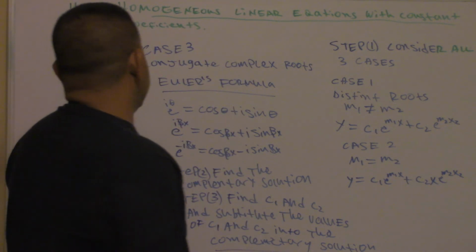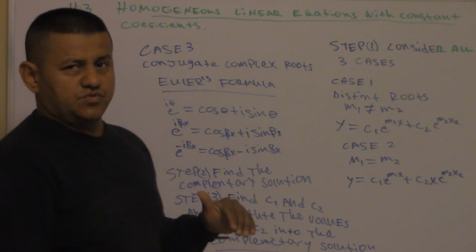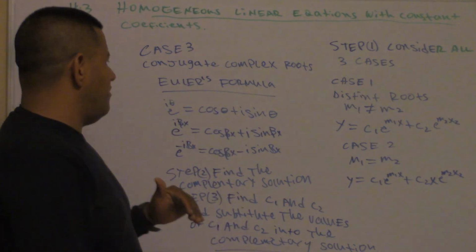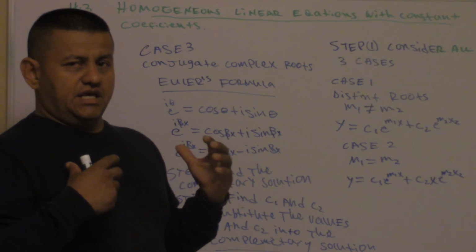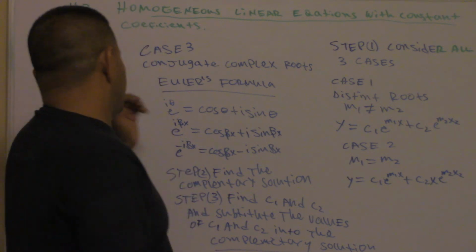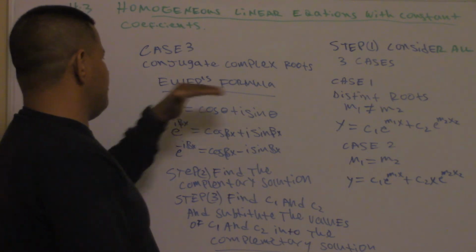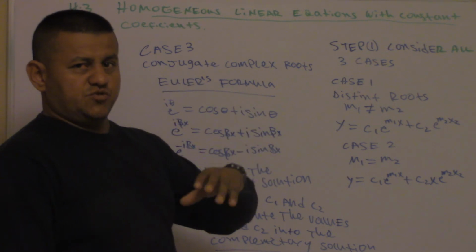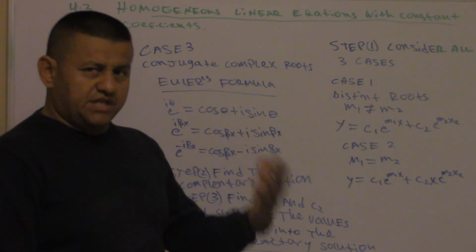Now case 3, we have a conjugate complex root. That means that we will have imaginary roots. In this case, we know that if we have imaginary roots, the complementary solution is going to be in a trigonometric form.